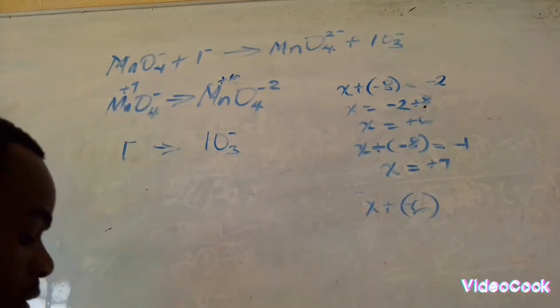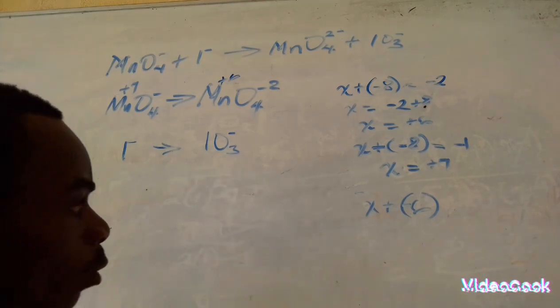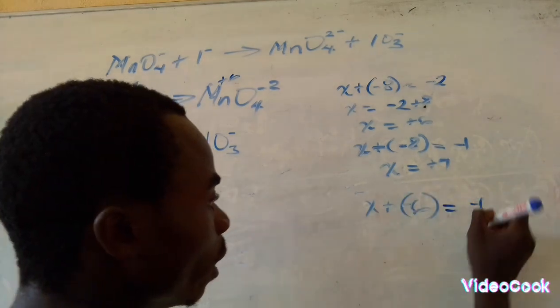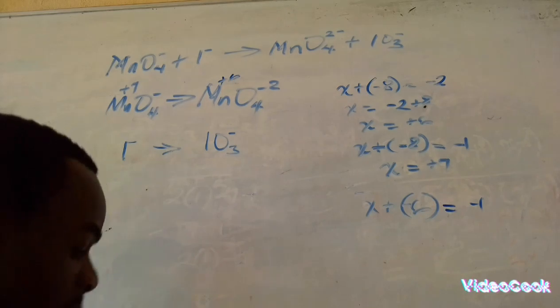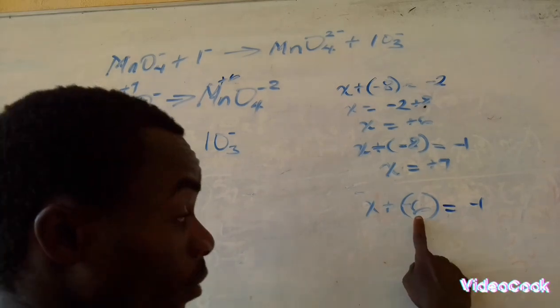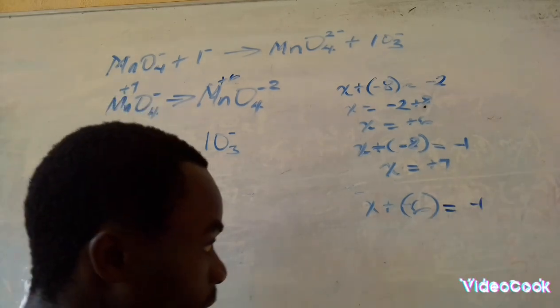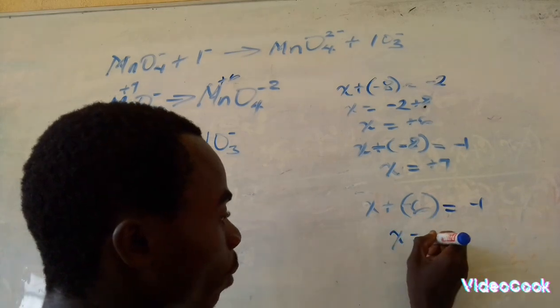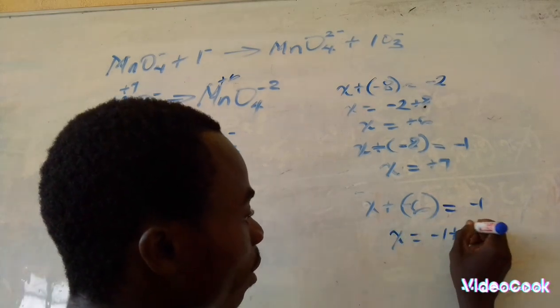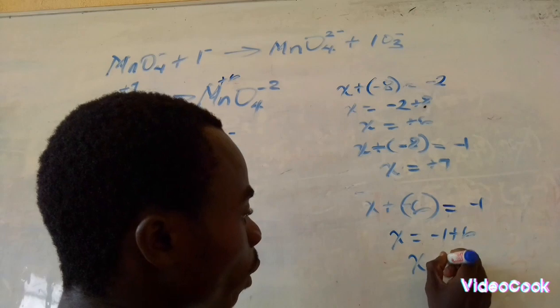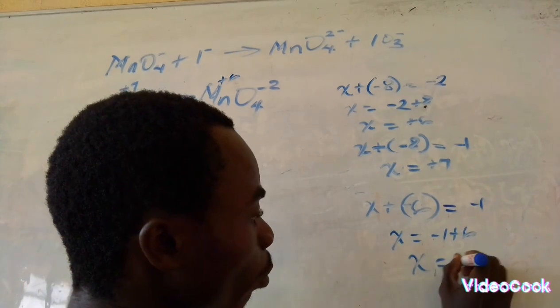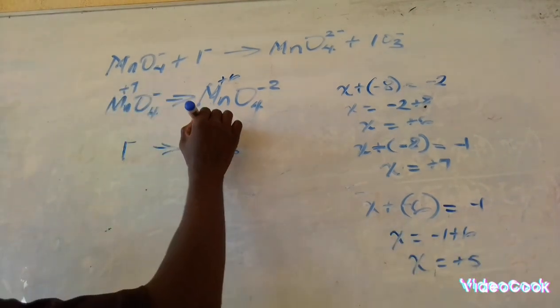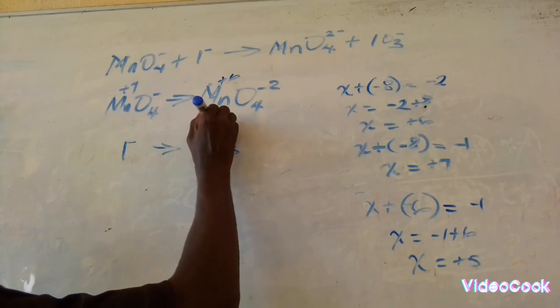Then negative 6, we equate it to negative 1. When it goes across, it changes to positive. That means x is going to be equal to negative 1 plus 6. That means x will be plus 5. So here we're going to have positive 5.